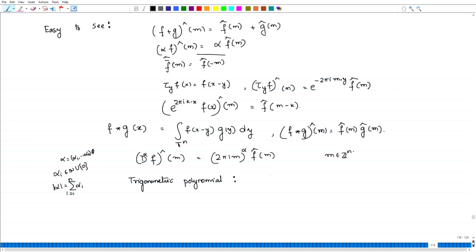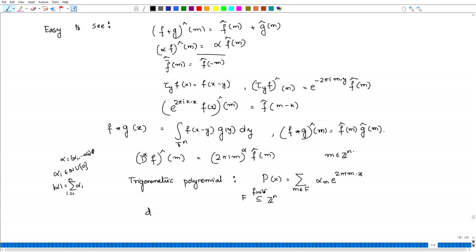What one would define is the summation over m varying over some subset F of alpha m e to the power 2 pi i m dot x, where F is a finite subset of Z^n. This is the trigonometric polynomial.